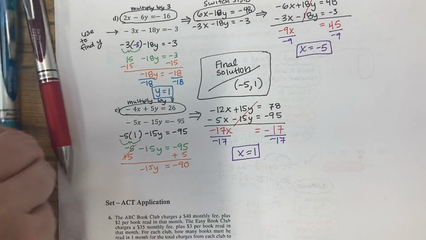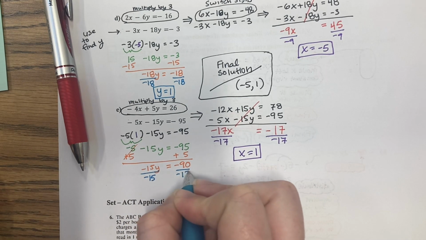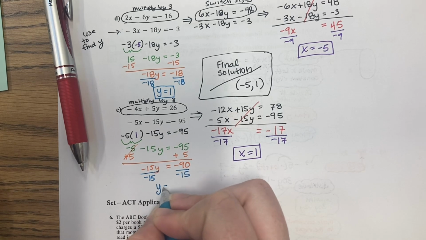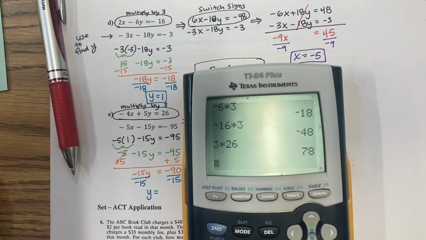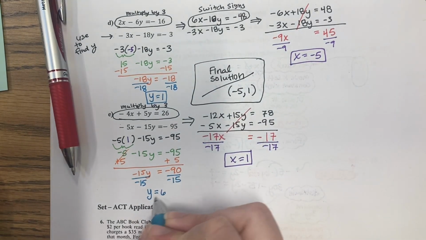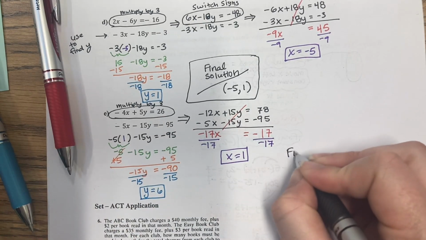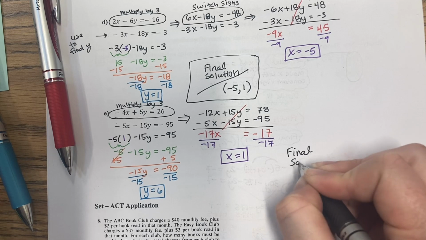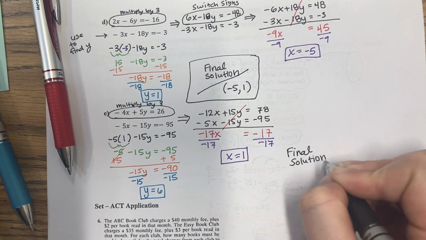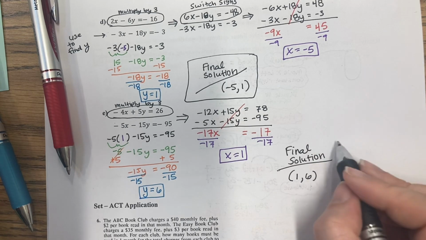And then we divide by the negative 15. So we have the negative 90 divided by the negative 15 makes a positive 6. Final solution is x comma y.